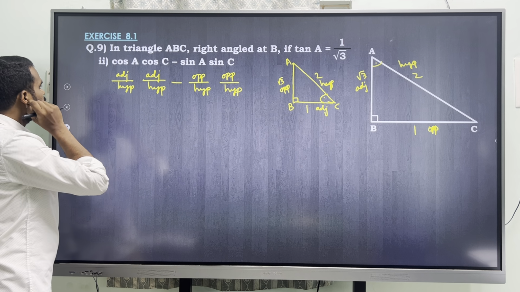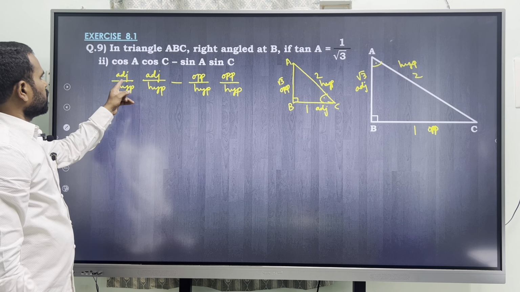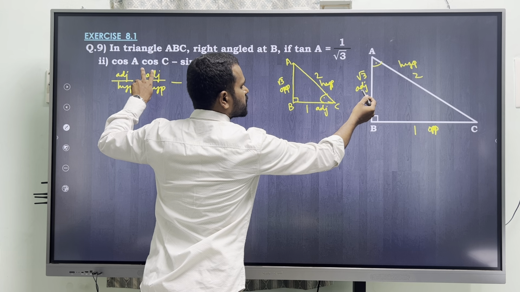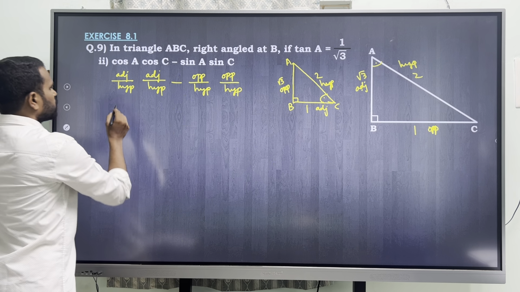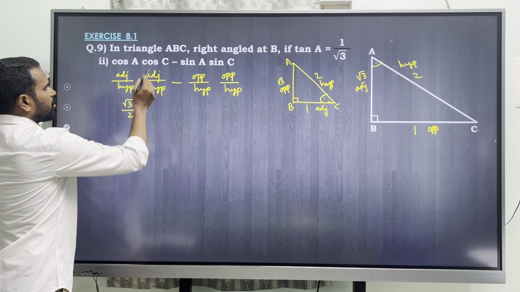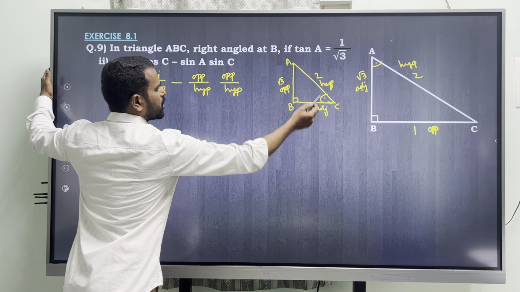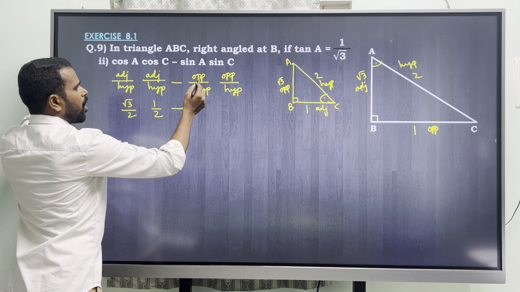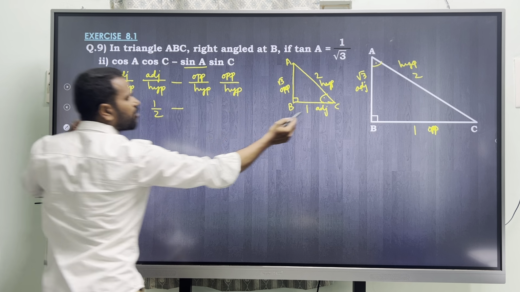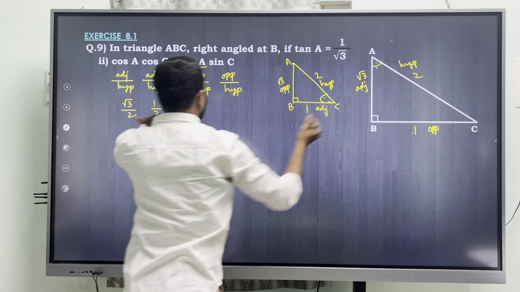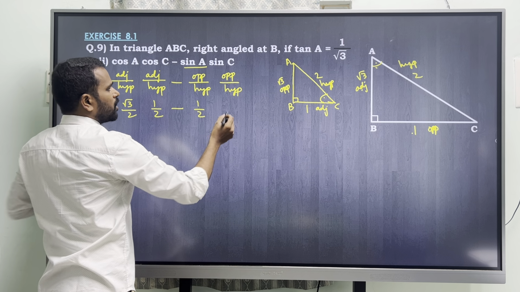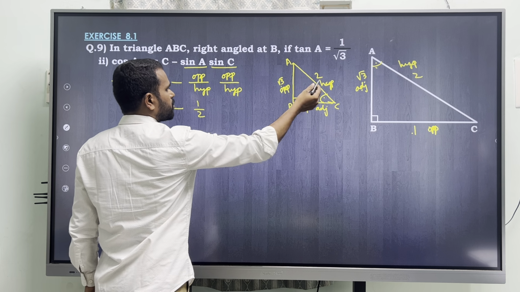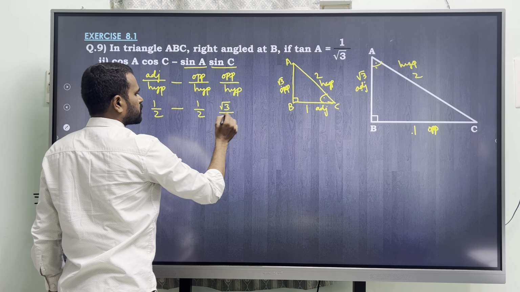Now see here, cos of angle A is adjacent upon hypotenuse, root 3 by 2, and cos of angle C is adjacent upon hypotenuse, 1 upon 2, minus sine of angle A, opposite upon hypotenuse, 1 by 2, and sine of angle C, opposite upon hypotenuse, root 3 by 2.